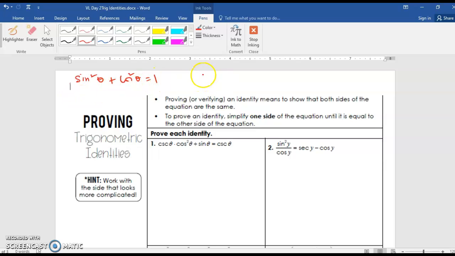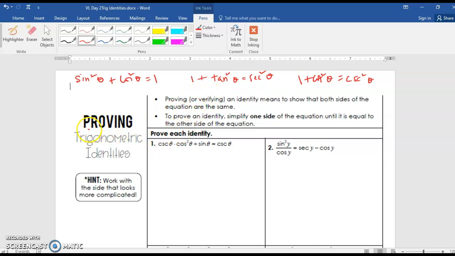And consequently, 1 plus tan squared theta is secant squared theta. And we also learned that 1 plus cot squared theta is cosecant squared theta. Okay, stuff like that.